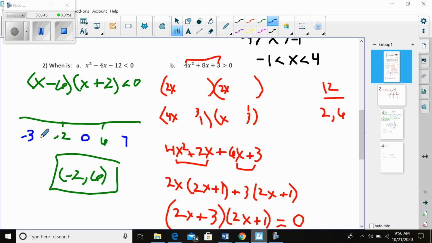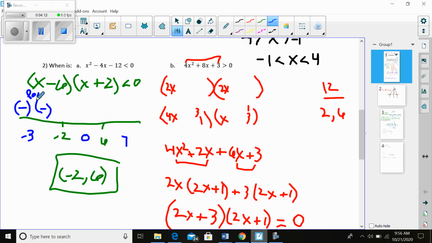Sometimes I see people do silly things like they put -1, but that -1 is greater than -2. All right, so if I were to plug in -3, -3 minus 6, that's a going more into debt problem. That would give me a negative. And then if I plug -3 in here, that would also give me a negative. All right, so then negative times a negative is positive.